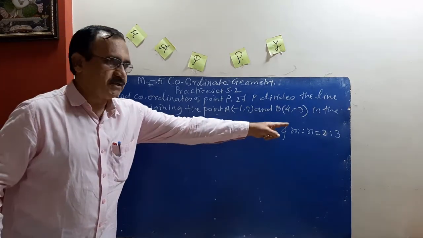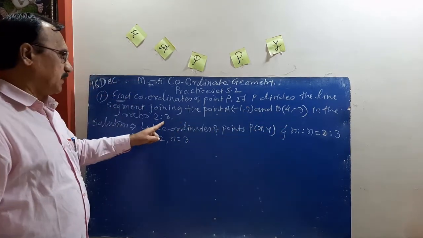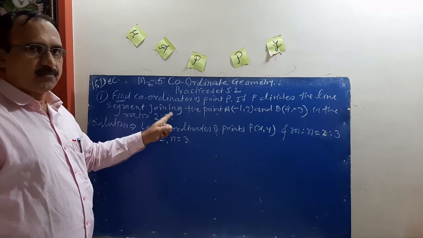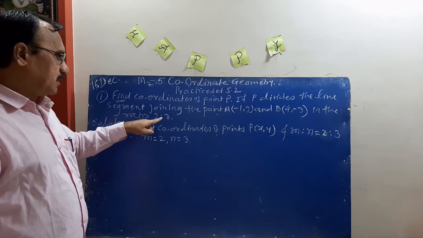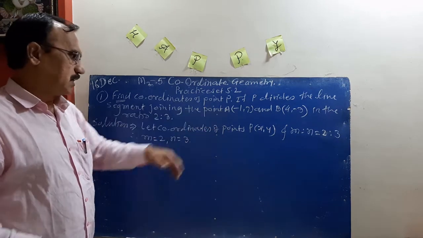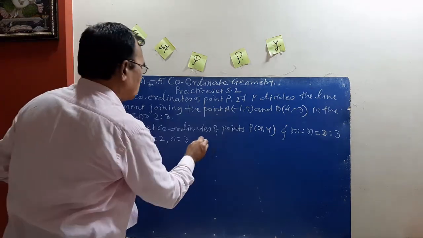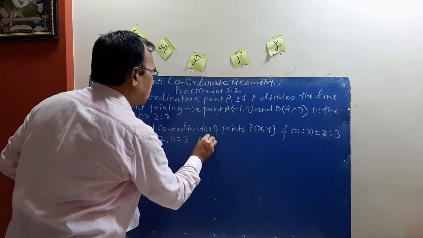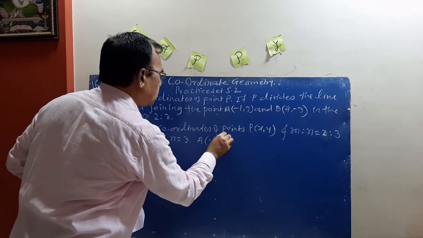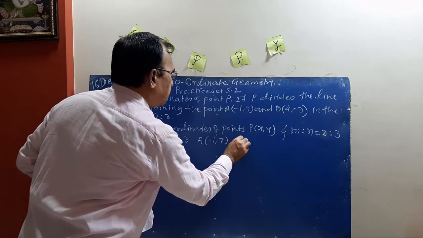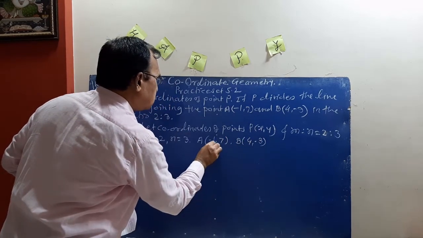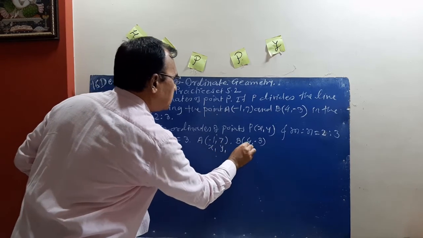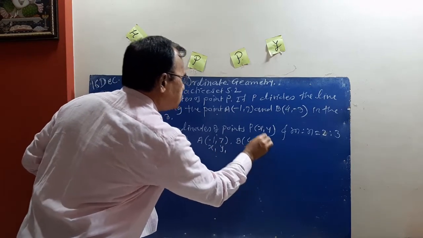M to n is equal to 2 to 3 is already given, and we know the line segment is divided in the m to n ratio. That means this is the value of m and this is the value of n. Now these coordinates are also given: A(-1, 7) and B(4, -3). This is x1, this is y1, this is x2 and this is y2.